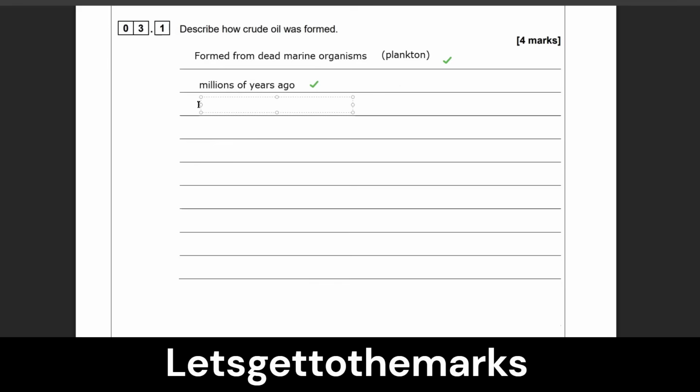Now, we've got the idea that there were these dead organisms millions of years ago. Now, they partially decayed. I don't know if they'll give you the mark for this. They partially decayed in anaerobic conditions. What does that mean? There wasn't a lot of oxygen about when they were formed, so they decayed in a very special way. I'm not sure that's going to be on the mark scheme, but they are going to have under very high heat and pressure. So I think the remaining two marks are going to be about heat and pressure, but you might get a mark for decayed in anaerobic conditions.